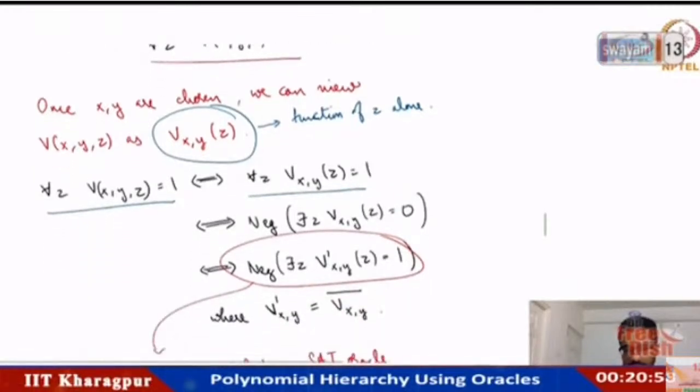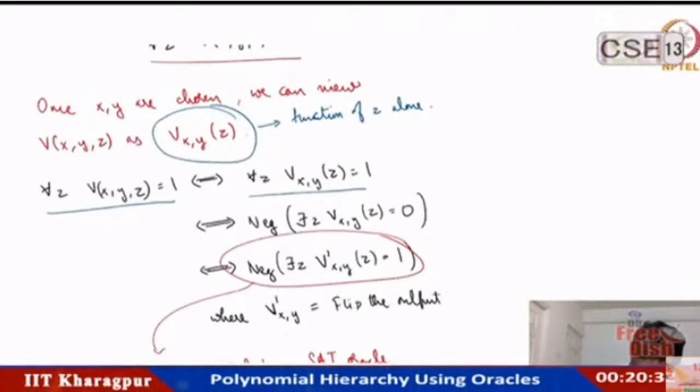Now instead of V_xy, I can modify the verifier to give another polynomial time verifier which just flips the output. So I will define a new verifier called V prime xy, and V prime xy is just the flipped output of V_xy.